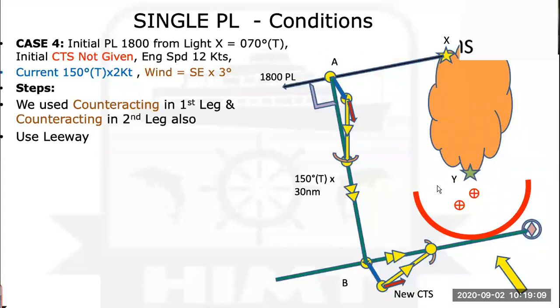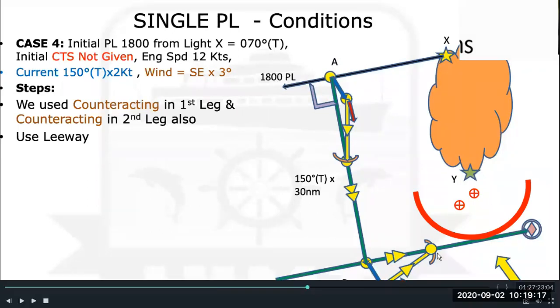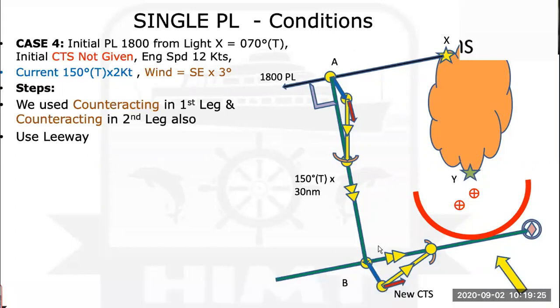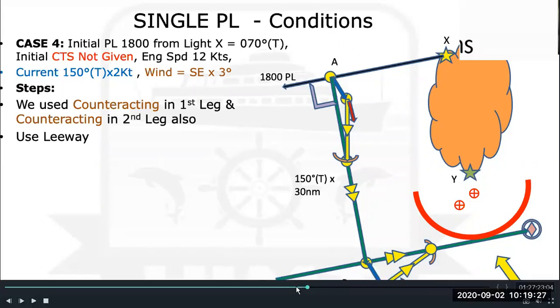So to go to the pilot point, if there was no wind or current, we draw a line parallel to the initial PL and we will get this line. And because course to steer is not given, we will draw a perpendicular line assuming point A and we will reach point B. This is up to here. But now the current is given.